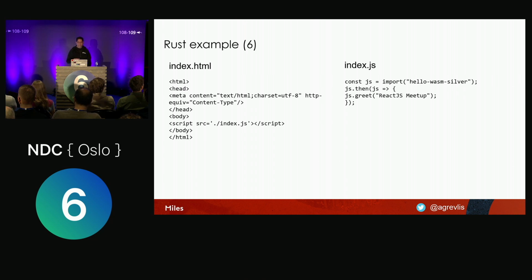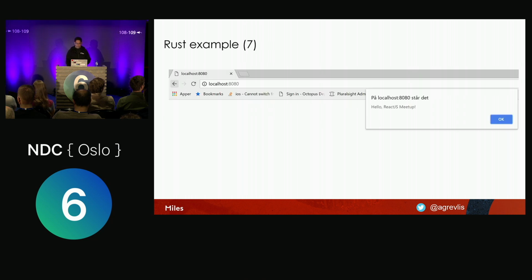At least up till now, we can't really call it directly. We need to use an asynchronous call in order to use this package. So we can use js.greet and then whatever we want to be published out on the alert. And then we get back our greetings here.